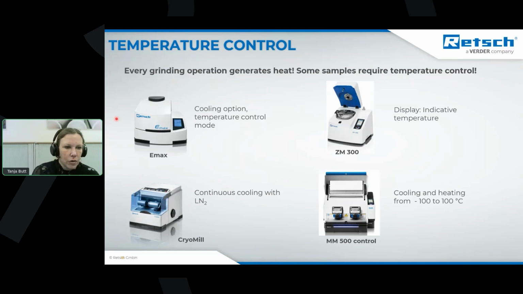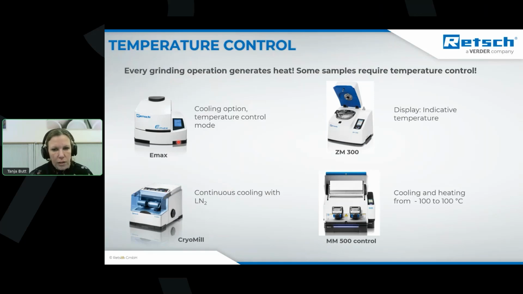So when we're talking about the Emax, which is a ball mill, we have cooling options. You see this later on in some slides, and we have also temperature control mode. So you can tell this machine, okay, stop grinding when the jar is getting a temperature of 80 degrees, for example.